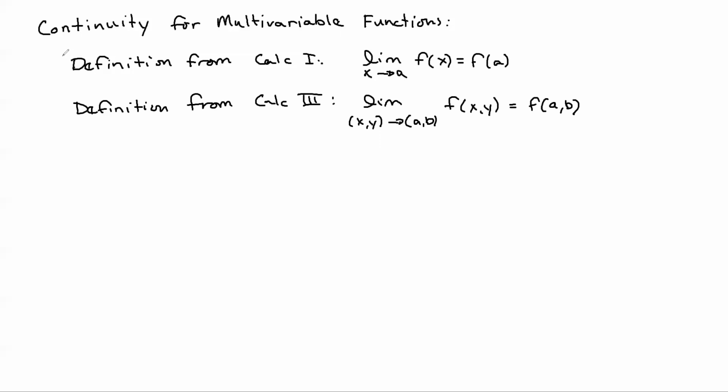Now, here's the thing. Those definitions, they're not worthless, but that's not how you think of continuity. You don't use the definition, at least I'm not aware of anybody who does. Instead, the way you think of continuity in Calc 1, and we're going to extend that to multivariable, is in terms of things that cause problems.